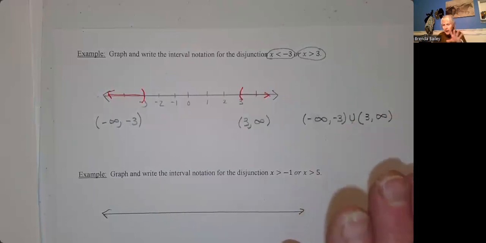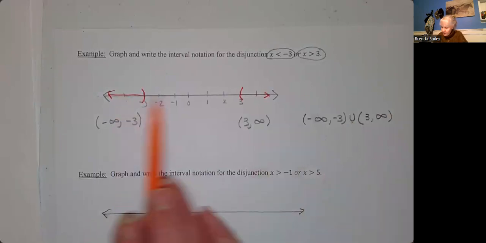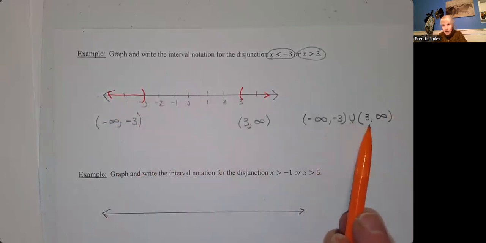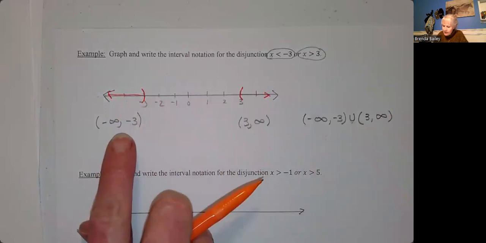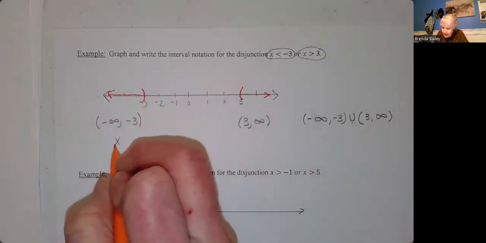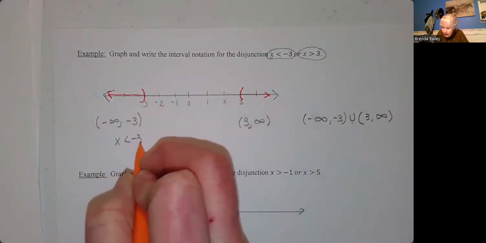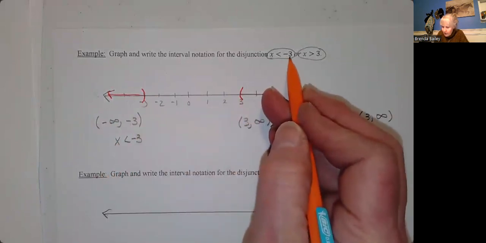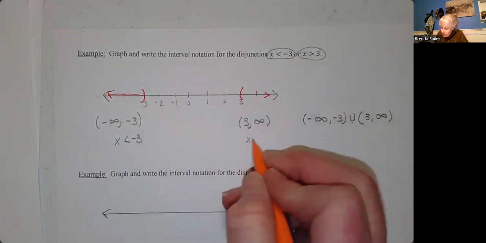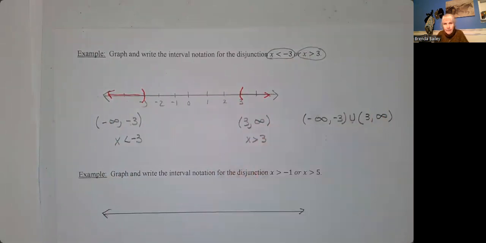Now, in order to write this with set notation: we did graph it, and we did find the interval notation. Let's go ahead and find the set notation. How do you write it? This is x's less than negative 3, which matches right up here, and this right here will be x's greater than 3.